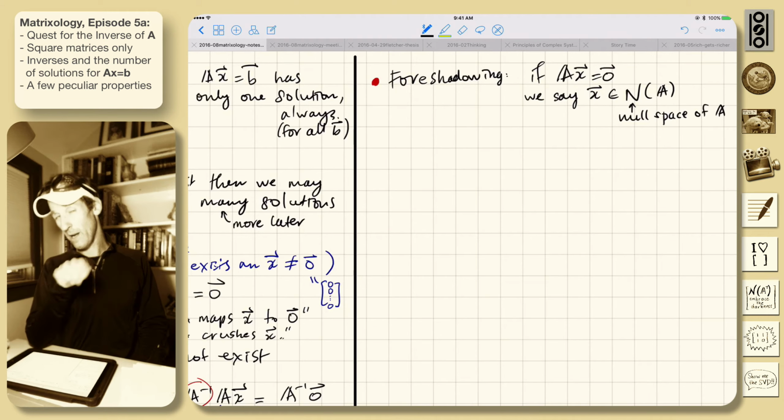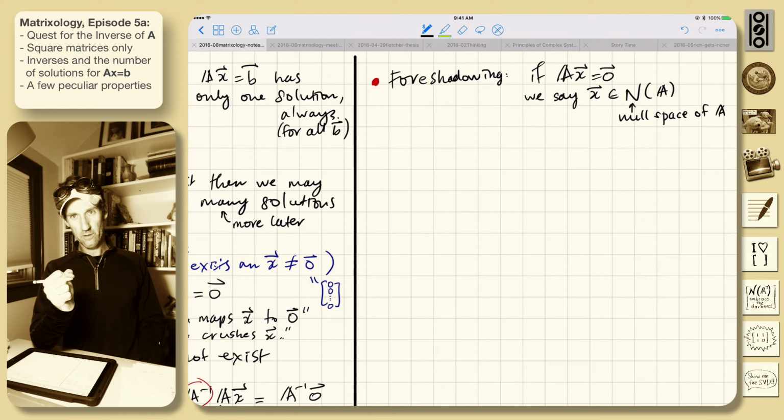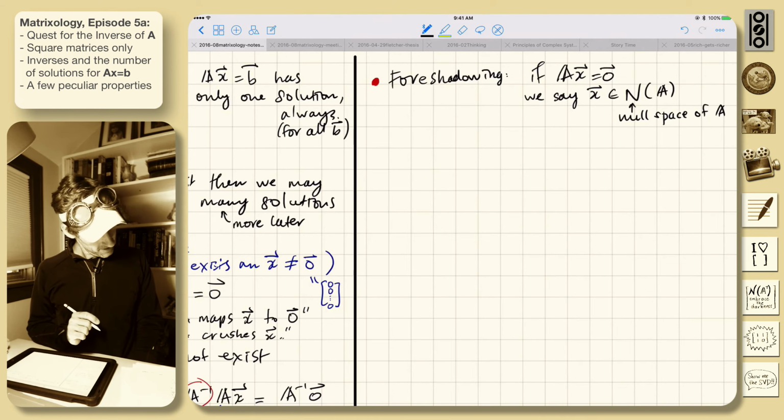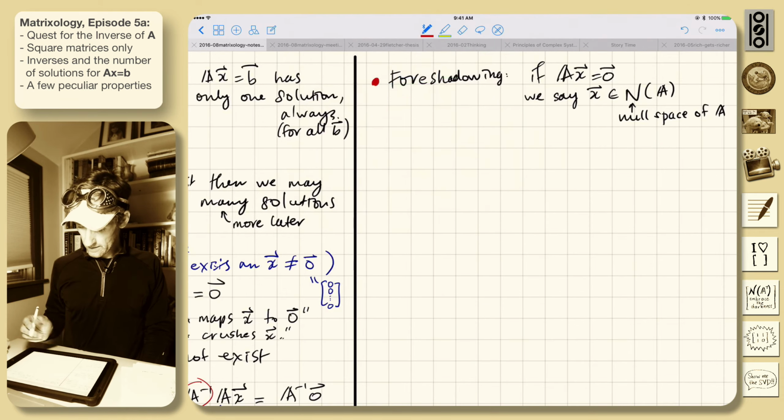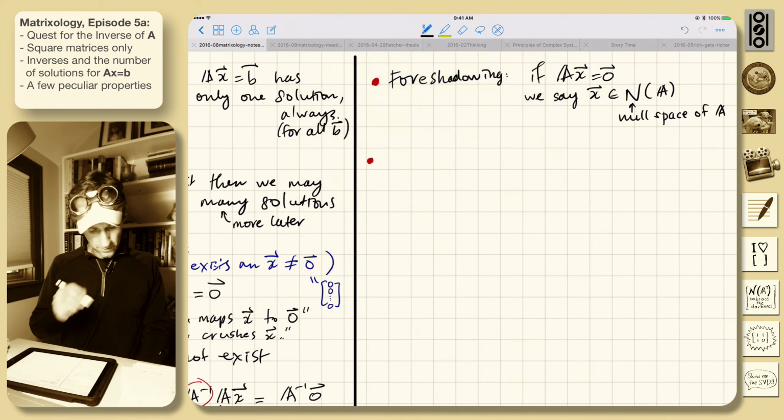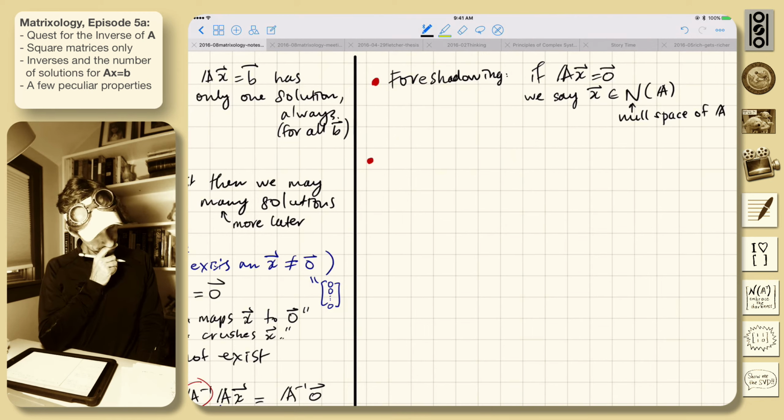It's a big deal. This is a right null space, left null space. So these are all the vectors that get scrunched by A. All right? That's going to matter a lot. Okay. Another good thing. I have a list of good things. Foreshadowing is always good. I like it.